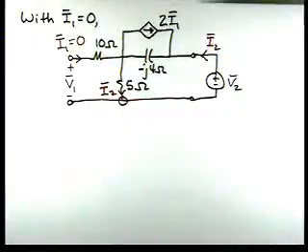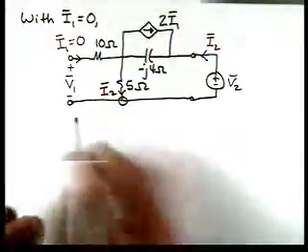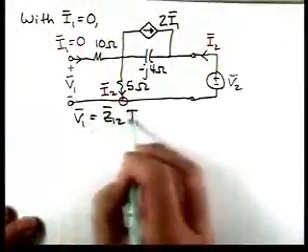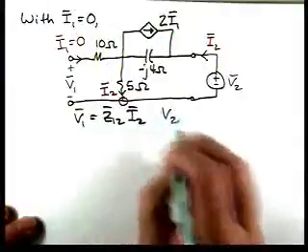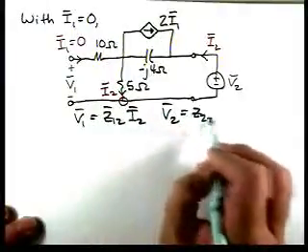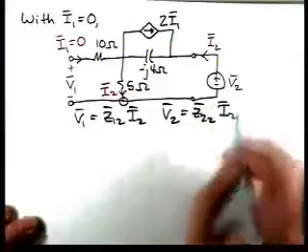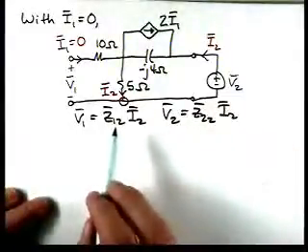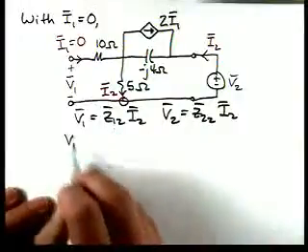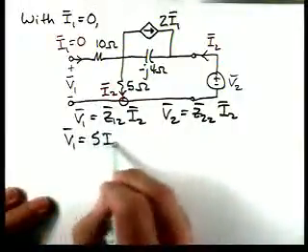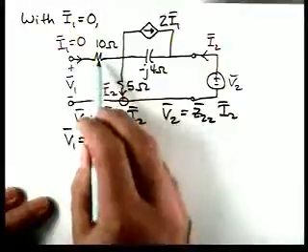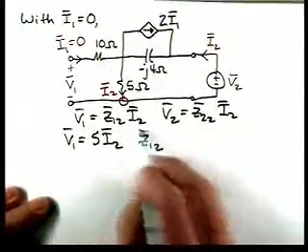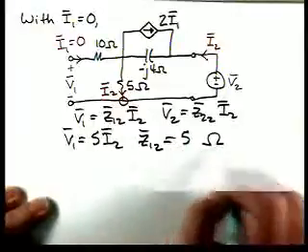And again, what we're looking for now is V1 is Z12 I2, and V2 is Z22 I2. So V1 is going to equal 5I2, and that's because the voltage across here is 0. So then that tells us that Z12 is 5 ohms.